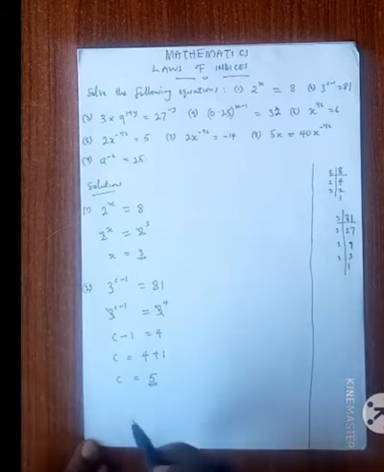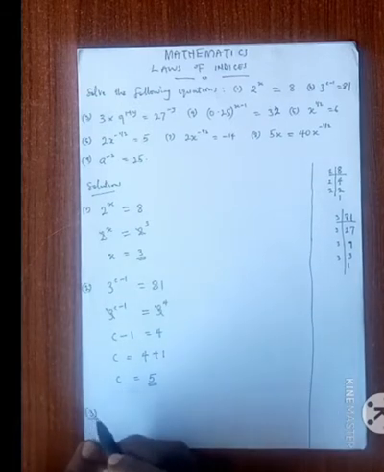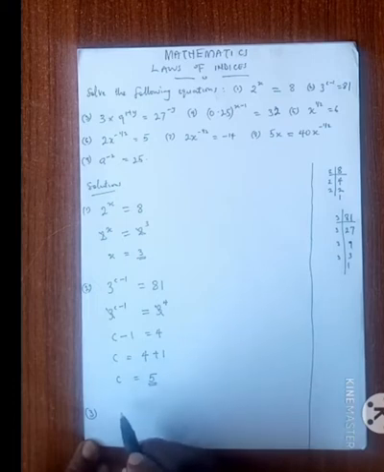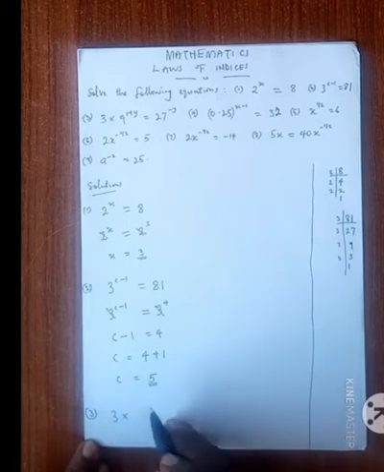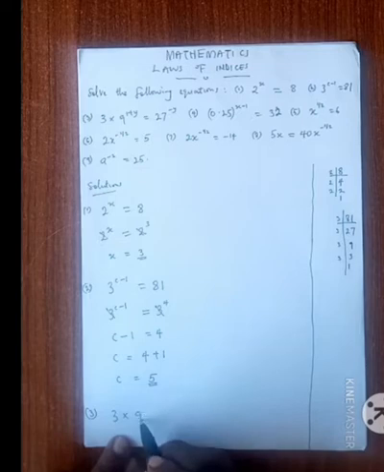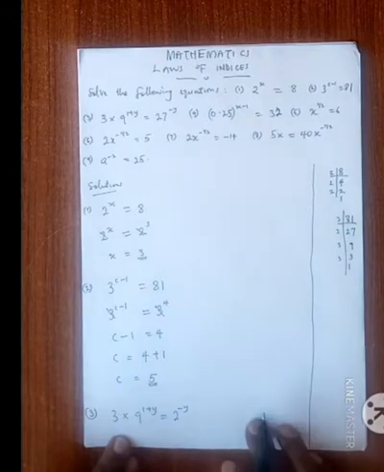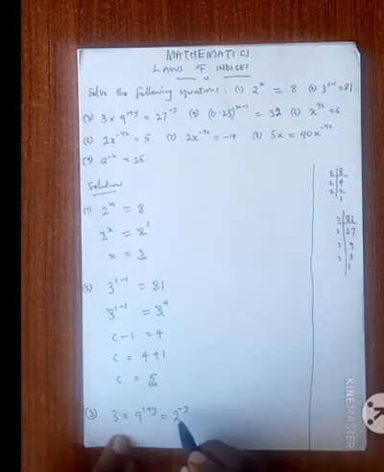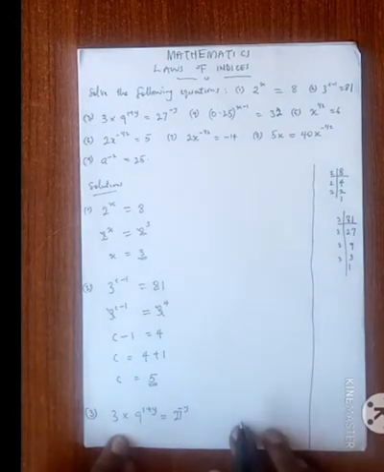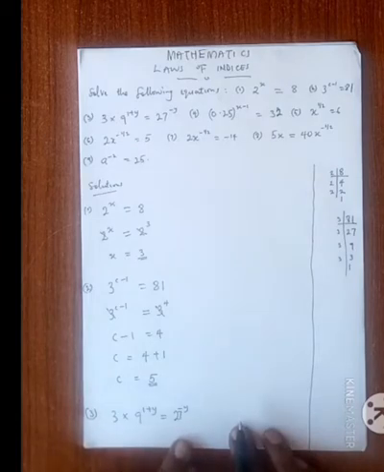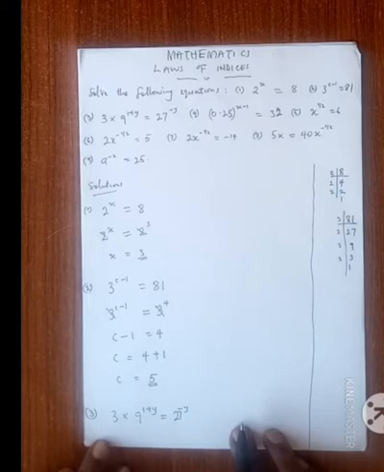In number 3, what I have there is 3 multiplied by 9 raised to power 1 plus y is equal to 27 raised to power minus y. Now when we observe this question as well, we can see that not every number is in index form.